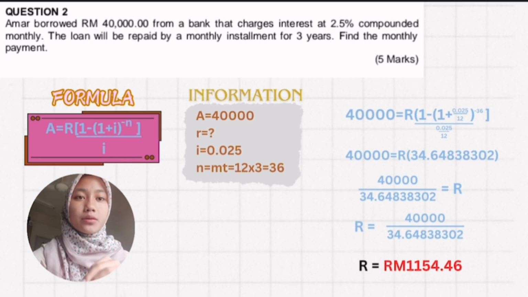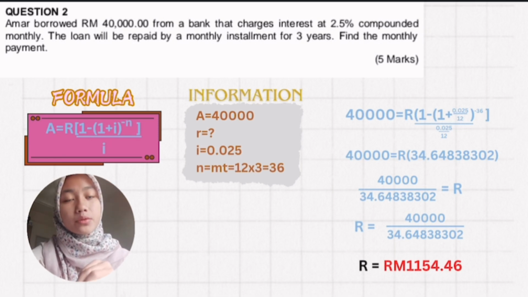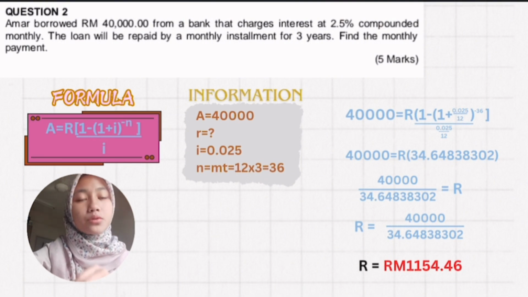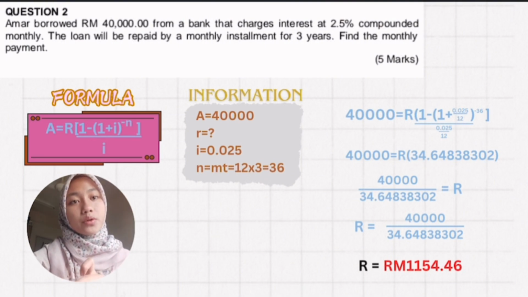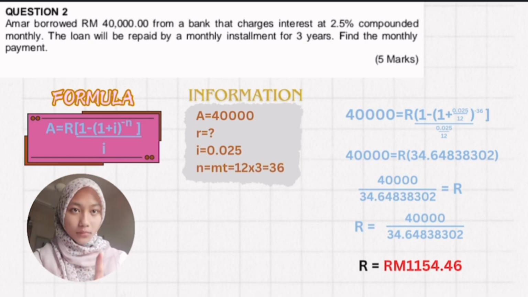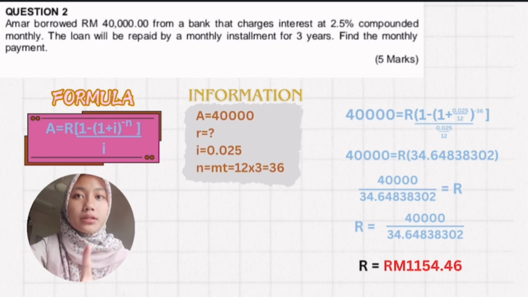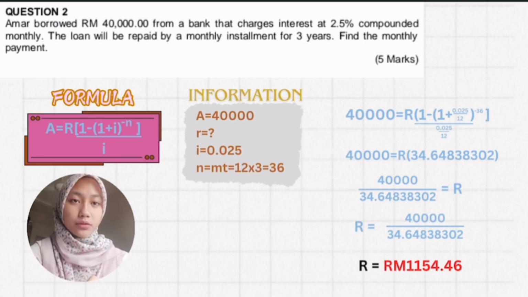For the next step we need to find this part: 1 minus (1 + 0.025/12)^-36, divided by 0.025/12. The answer is 34.6483838302 in bracket.